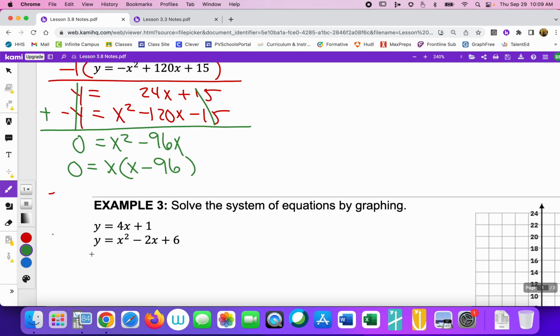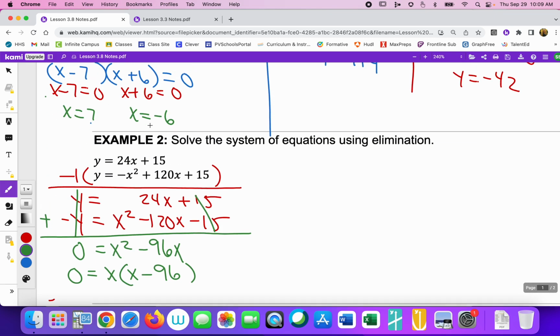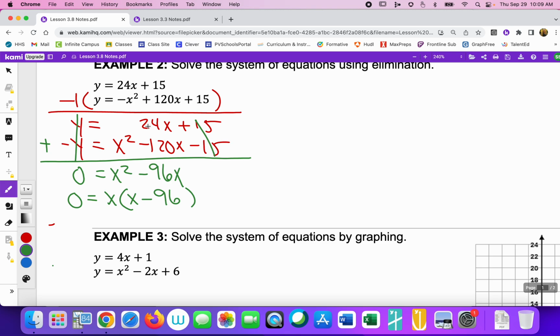Now the last one, we set both factors equal to 0 to get our 2 x values. We'd do the same thing, including that GCF of x. If I set x equal to 0, I just have 0 for that solution. If I set x minus 96 equal to 0, what do I get? Positive 96. Okay. These are your two x values.